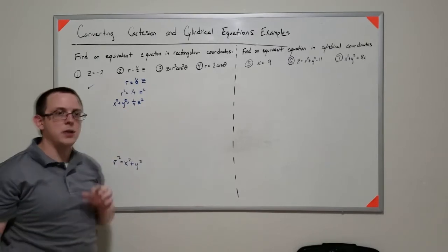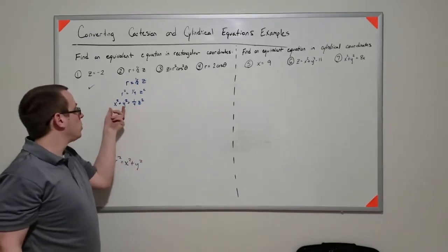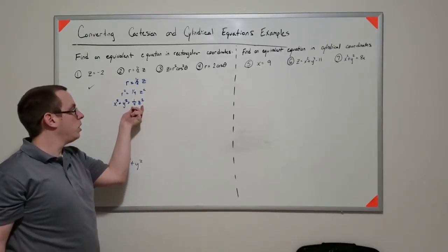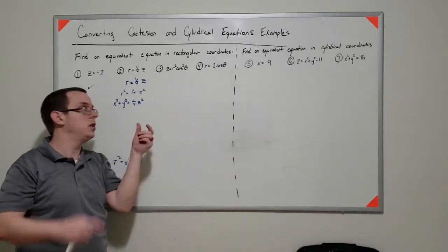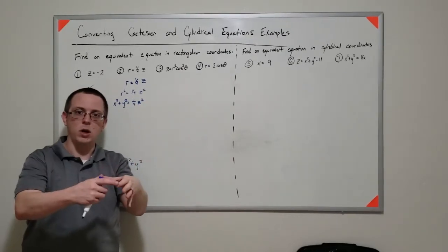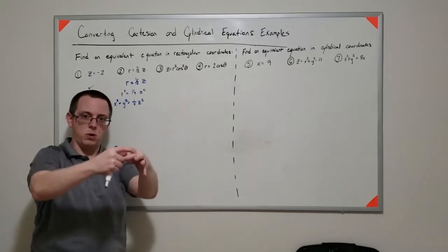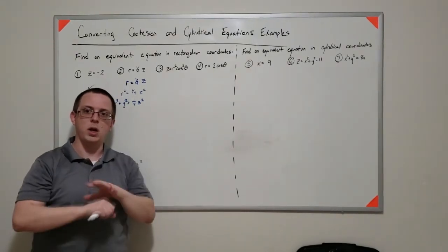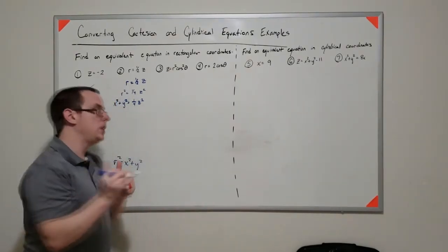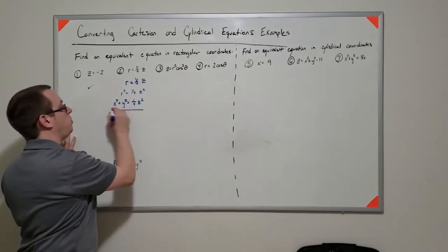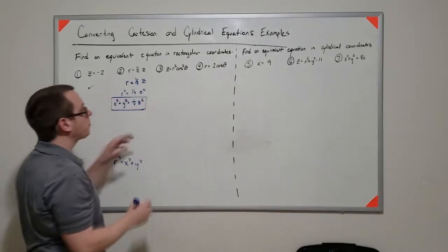In this particular case, these are just circles. x squared plus y squared equals some function of z. So whatever z is ends up determining the radius of that circle. So if z is positive, it's a radius of the circle. Z negative, it's a radius of the circle. And so this is an okay representation. So just something to be aware of.